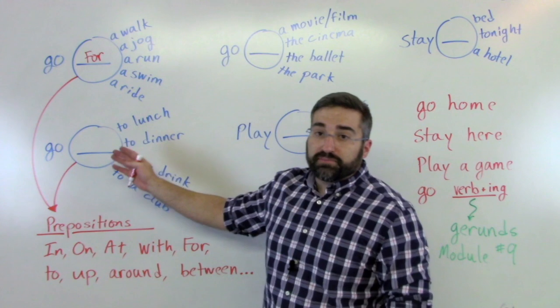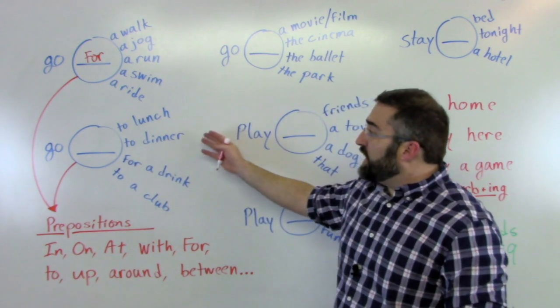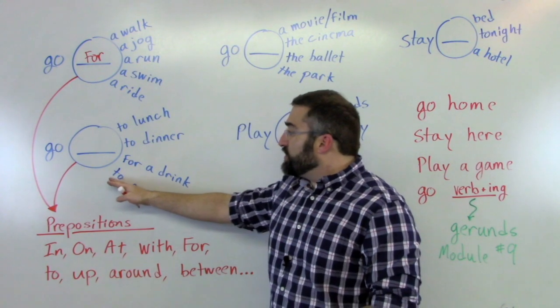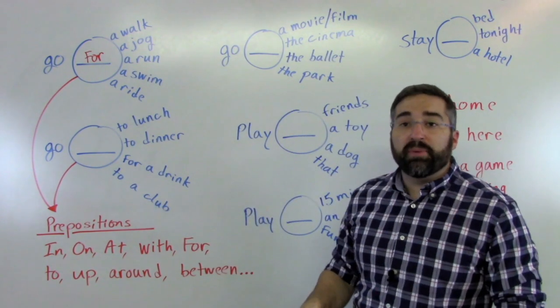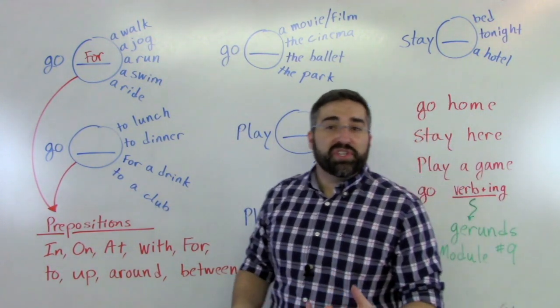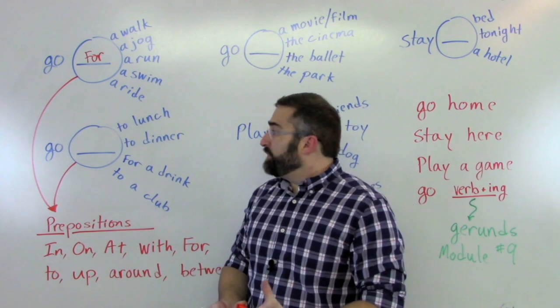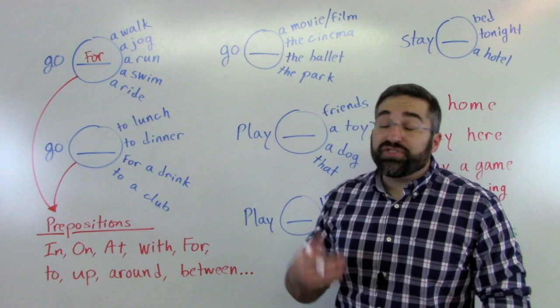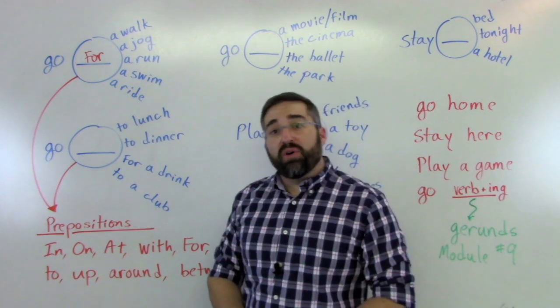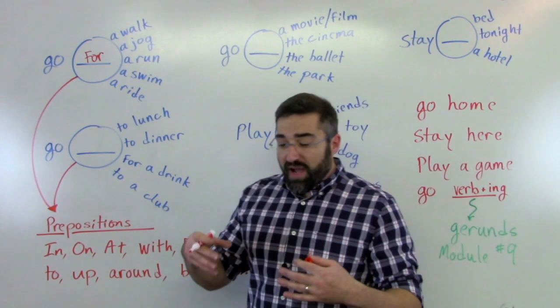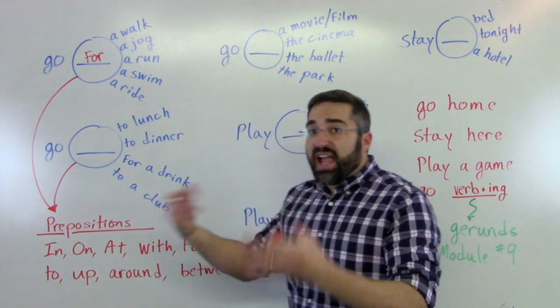The next one. Go to lunch, go to dinner, go for a drink, and go to a club. We have one preposition that we're going to put in here, and it's going to make sense with all of them. So let's say I don't want to eat at home, right? I don't want to eat at home, and therefore I'm not staying in, but I'm going out, right?